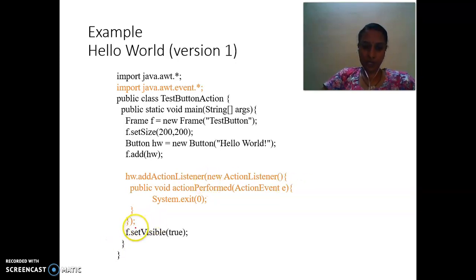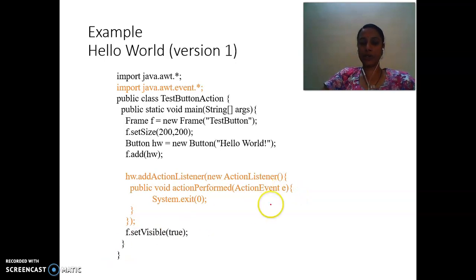Where is the parenthesis closed? Here it is closed. So till that point I write new ActionListener, and inside the new ActionListener I am writing the constructor also inside this, and the method also inside this. I will write void actionPerformed, ActionEvent e.